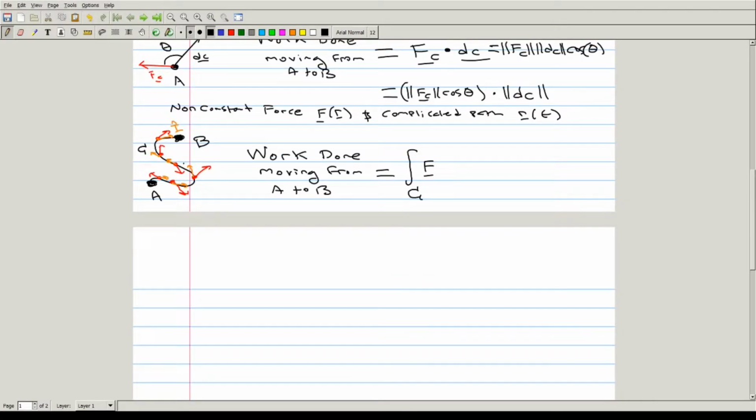So it shouldn't be hard to see here that the work done moving from A to B is going to be based on this idea, but really it's going to be the line integral of the force field dotted with the unit tangent vector, or the line integral of this force field along the curve C, because this is just F dot the unit tangent vector ds, the line integral of F dot t hat ds along the curve.